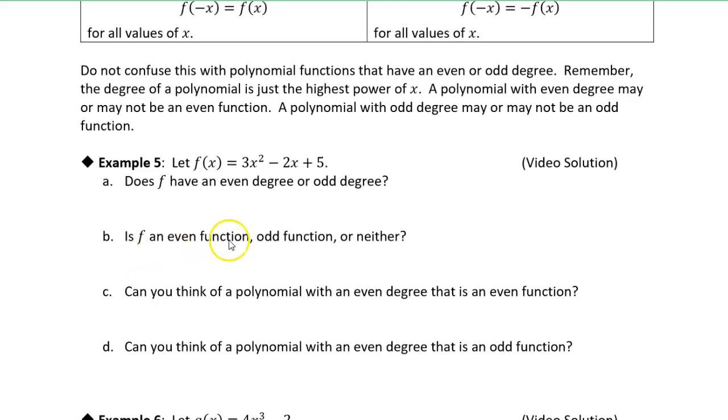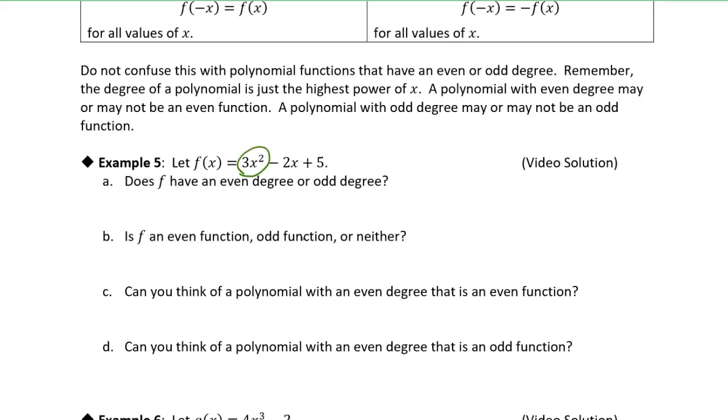So first of all, let's look at this polynomial. We have 3x squared minus 2x plus 5. And the first question is just, does this function have an even degree or odd degree? Well, remember, the degree of a polynomial is the degree of the highest power of x, right?